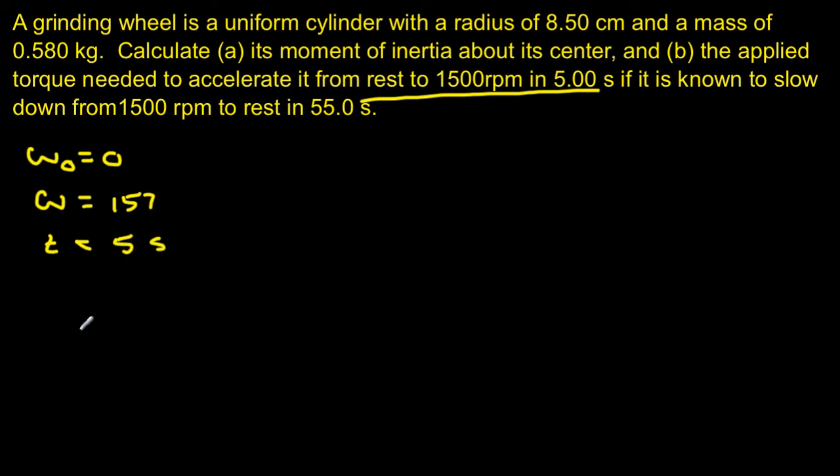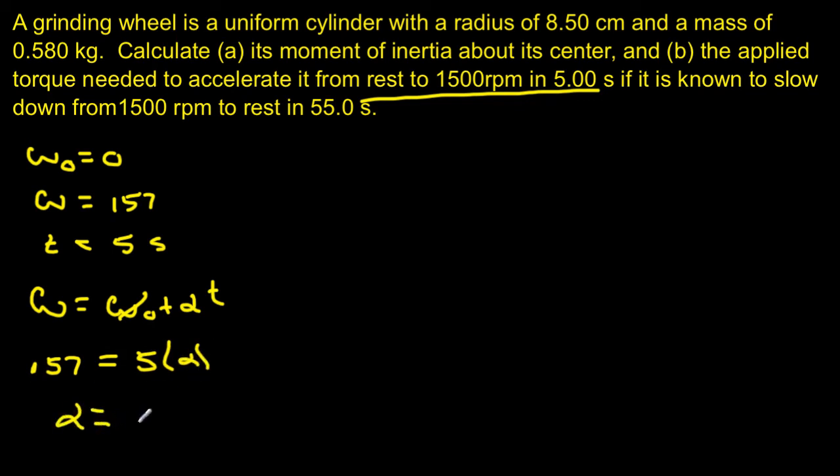So we have to find alpha for this. Again, we'll use the same equation. Omega equals omega O plus alpha t. 157, that's going to be 0, equals 5 times alpha, and alpha will equal 31.4 radians per second squared.